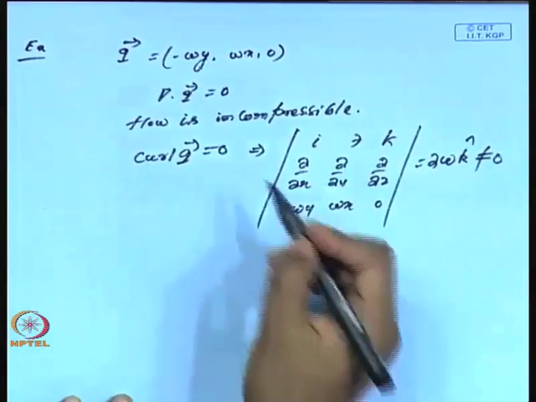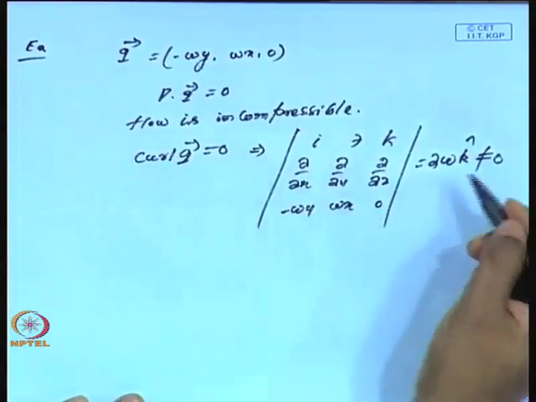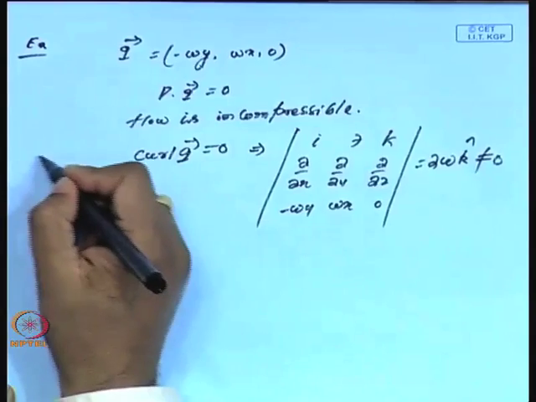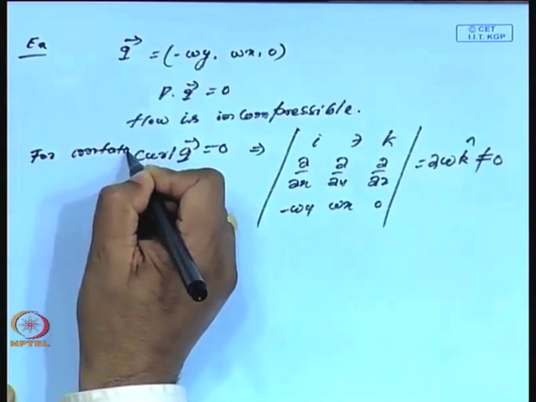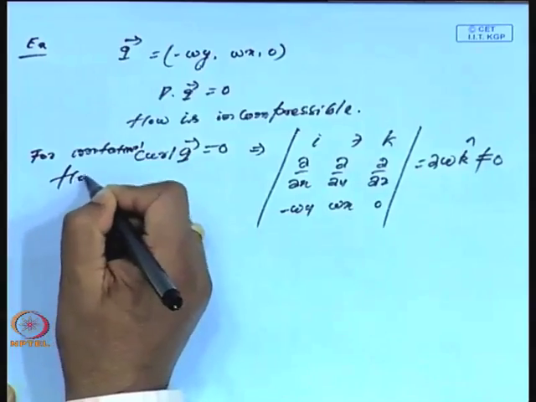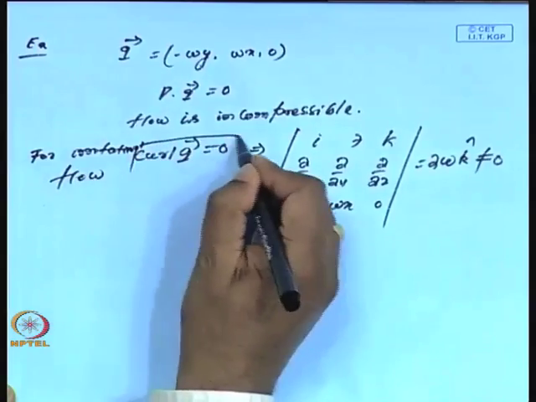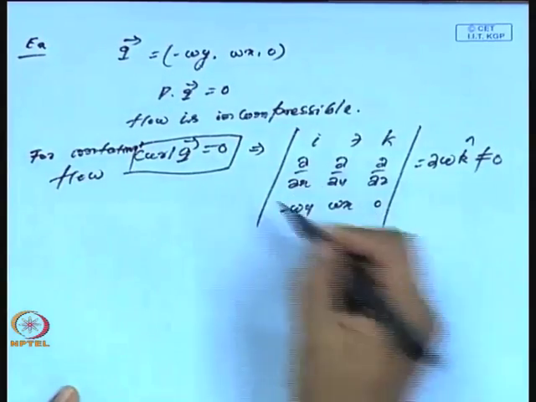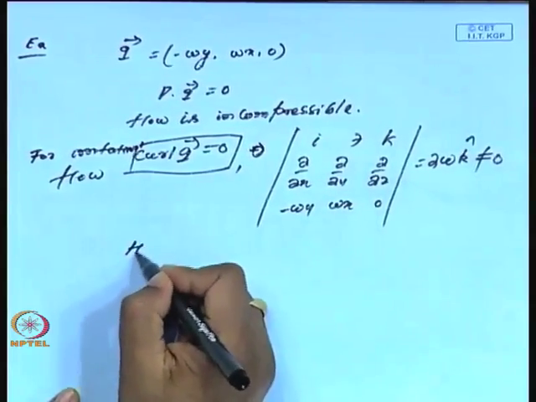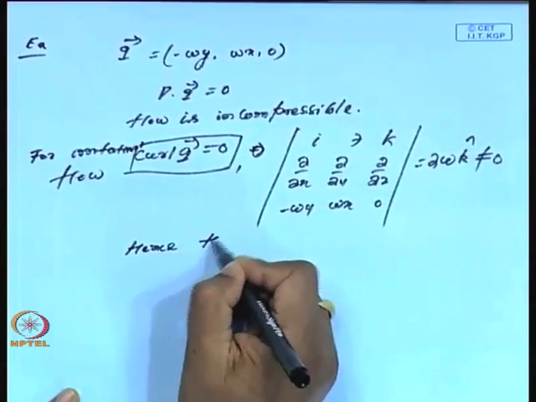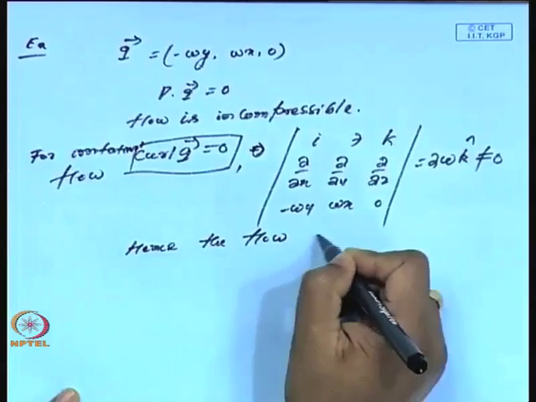So the curl of q is not 0 for a rotational flow. Here I find curl of q is not 0, hence this flow is not irrotational.